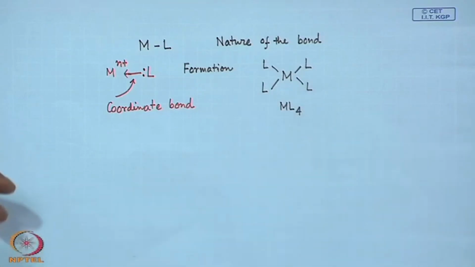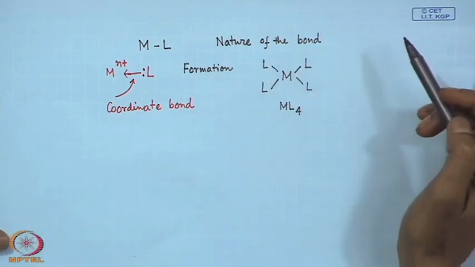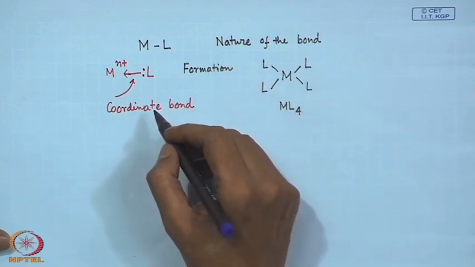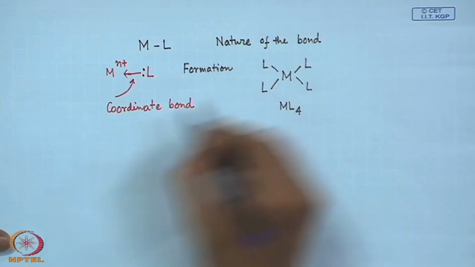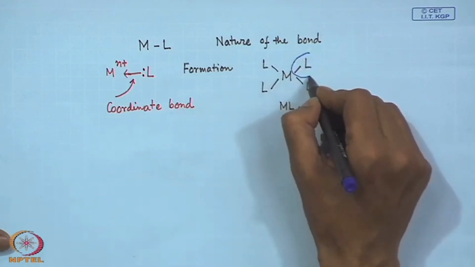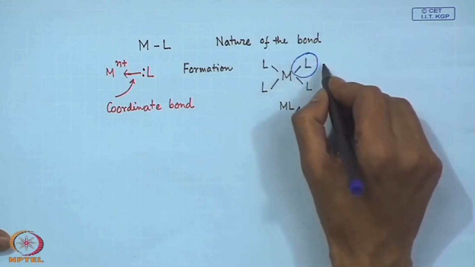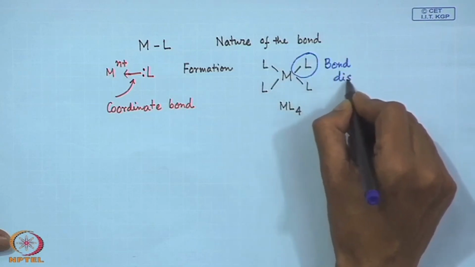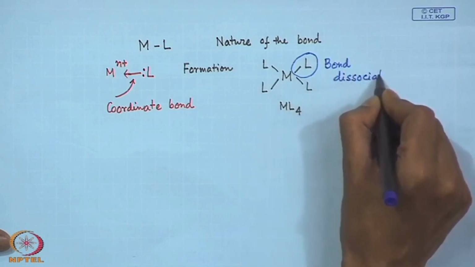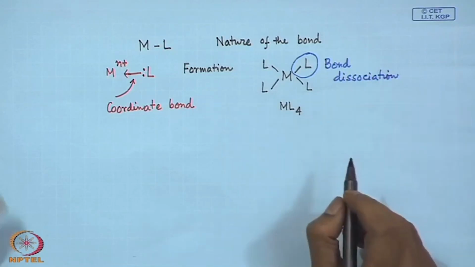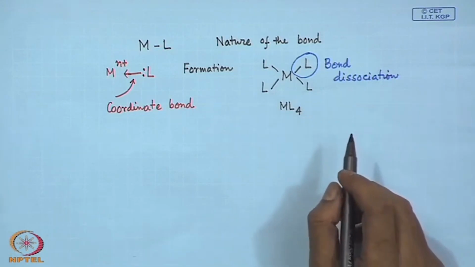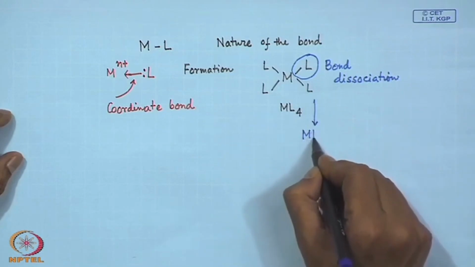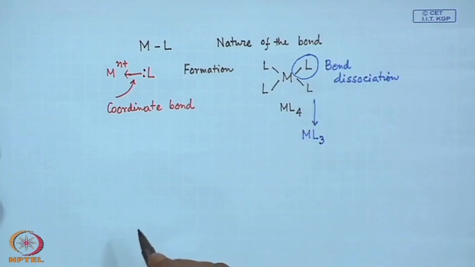So the nature of this bond, the type of the bond and the strength of the bond is basically also reflected when we talk about the corresponding removal of this bond or the breaking of this particular bond. That means the bond dissociation. So this bond dissociation would also be very much important, because in that particular case, if one L dissociates, we'll end up with a species like ML3.